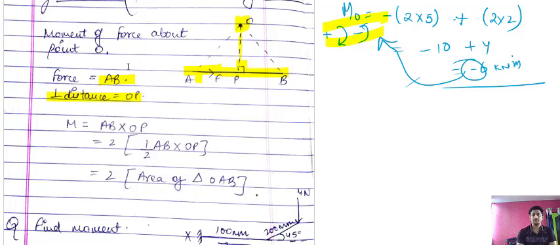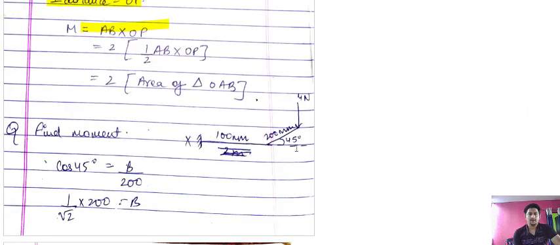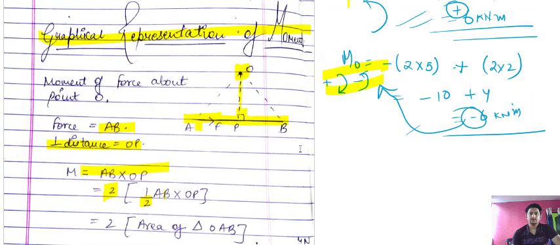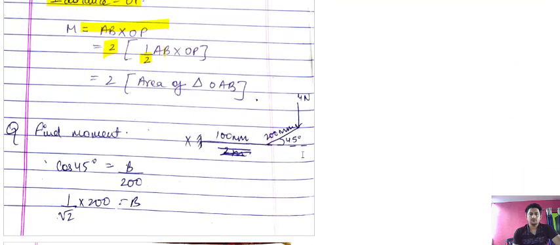Now suppose you multiply and divide the term by 2 here. Then half AB into OP is the area of this triangle OAB. So AB into OP is twice the area of triangle OAB.